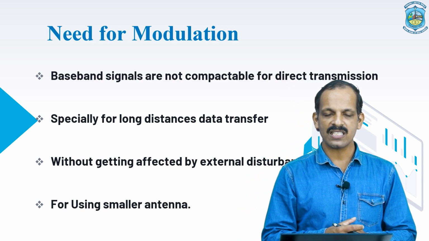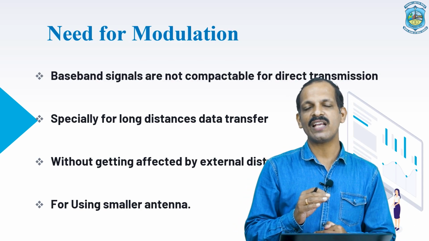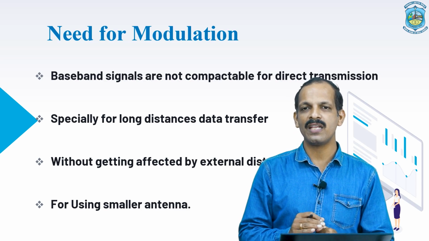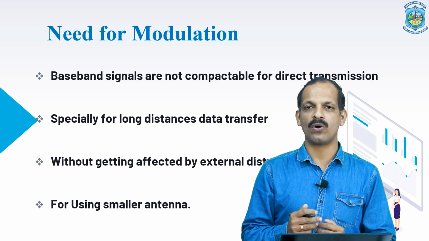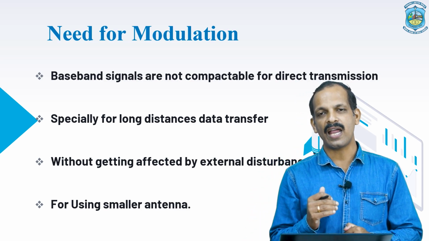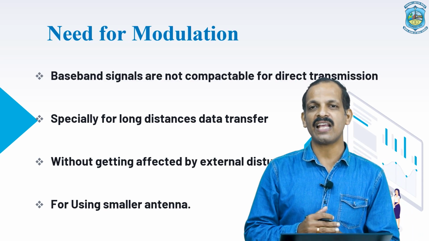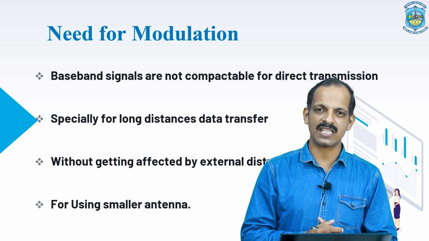Then another reason is, if you are sending an information signal, the wavelength of the information signal will be high. So the receiver end needs to use a higher-length antenna to receive this information signal.